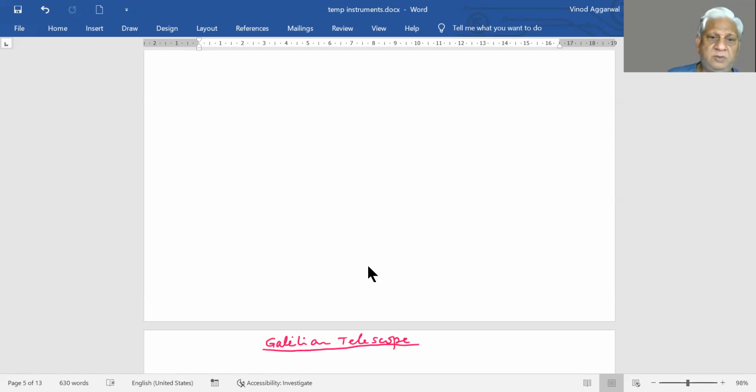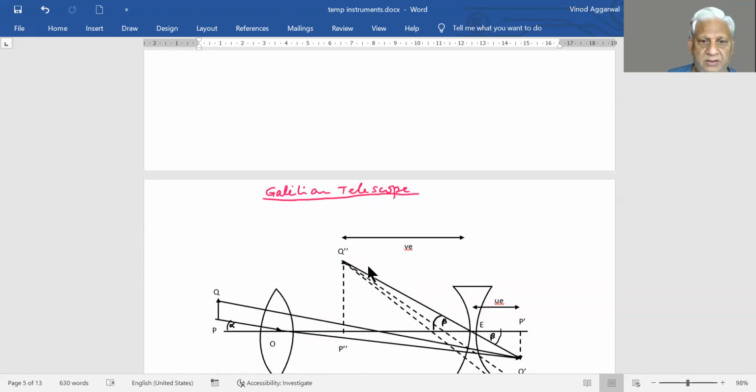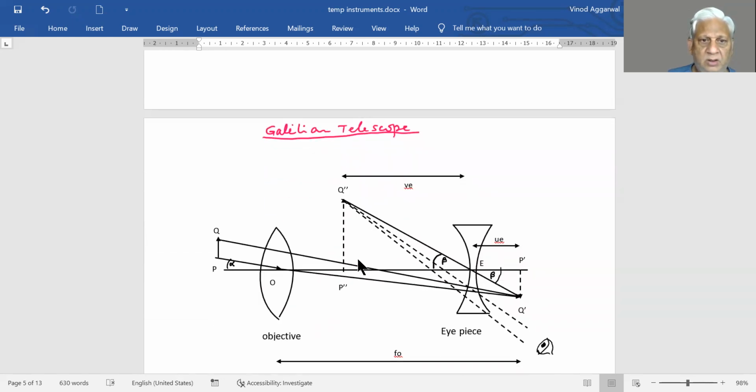Now, how does it differ from other telescopes? Let's see the construction of the Galilean Telescope first. In the Galilean Telescope, you have the same eyepiece as in previous telescopes. You see here, the second lens is replaced by a concave lens.